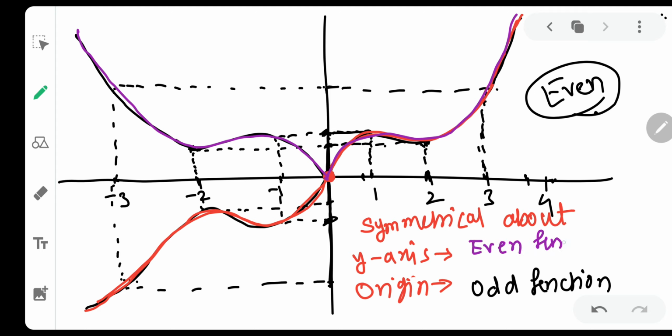Over here I am not going to explain the functional equations, I just need to make you understand the graphical understanding. I hope it is fairly understandable now that if your graph is symmetrical about y-axis, then it is definitely an even function. If it is symmetrical about origin, then it is definitely an odd function.